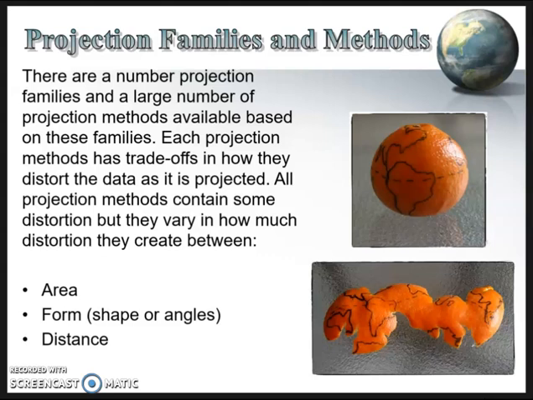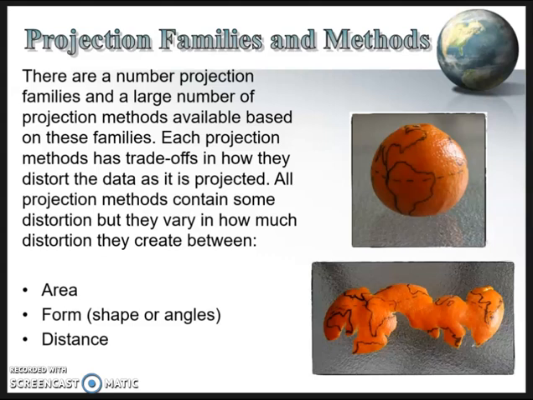Area refers to the size of the continents or region of interest on the map as compared to the equivalent size on the globe. Cartographers use equal area map projections when the map's purpose relates to the spatial extent or quantitative attributes such as population density. Shape or form refers to how the continents or region of interest conform to related shapes on the globe.